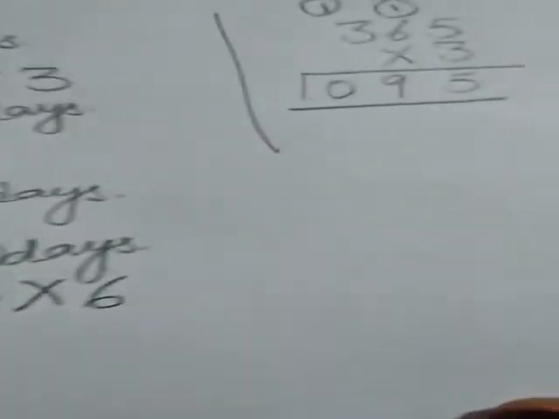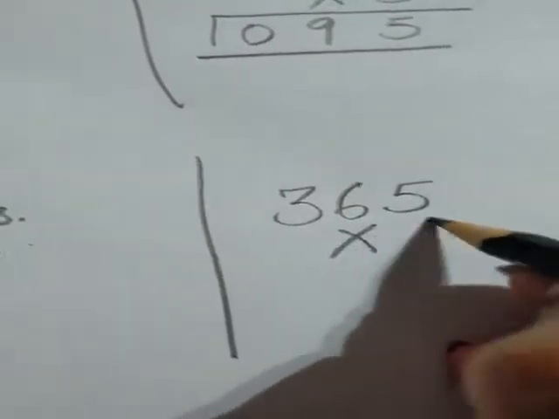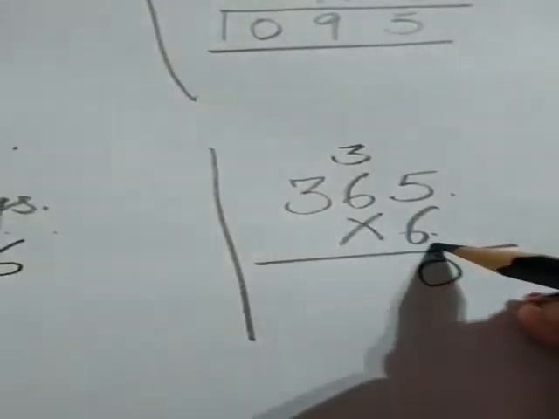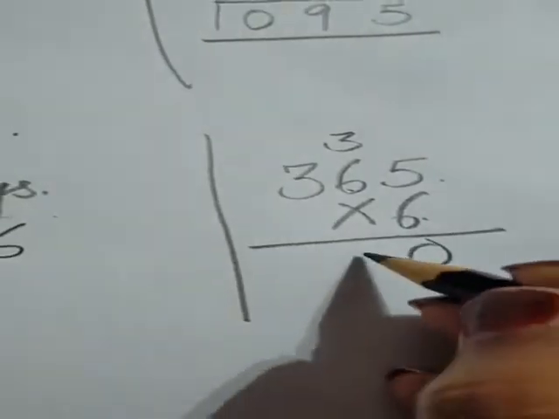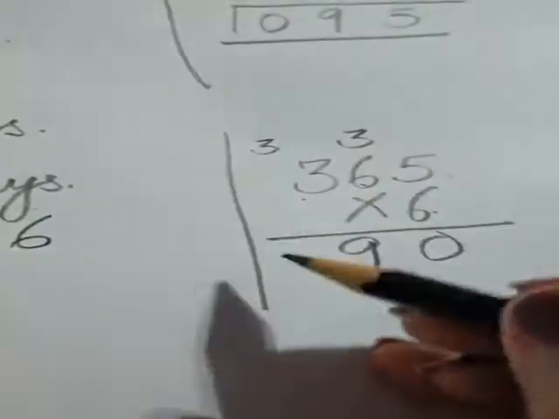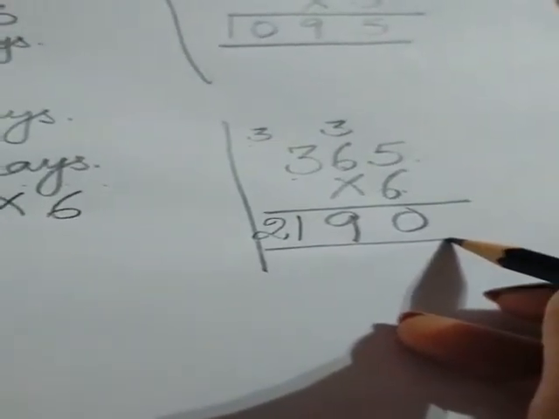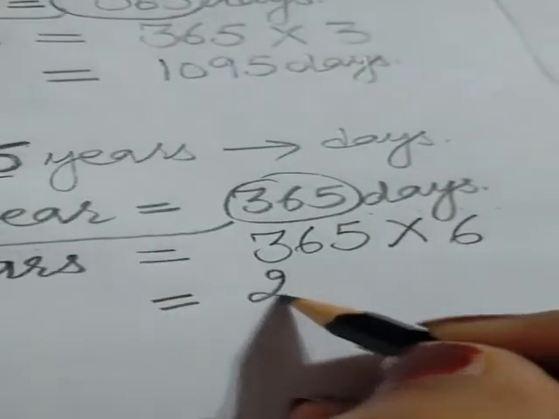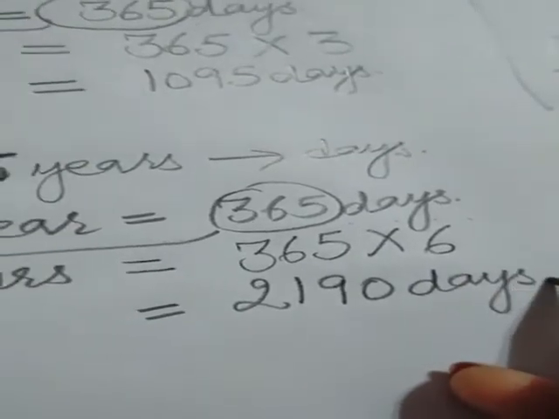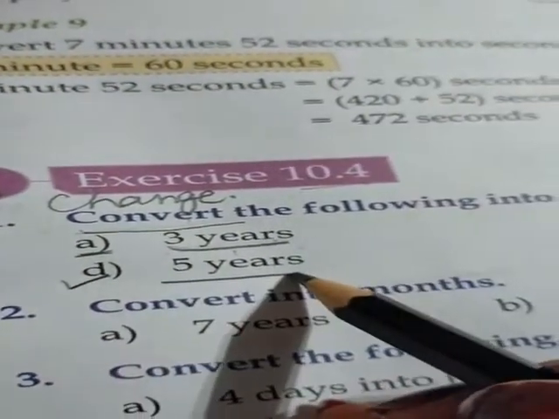We will do the multiplication in rough work. 6 5s are 30, 3 carry, 6 6s are 36 and 3 is 39. 3 again carry, 3 6s are 18 and 3 is 21. Now here we got 2190 days. Like this you can do part D. Part D you will do by yourself.